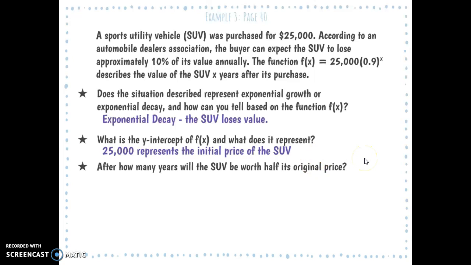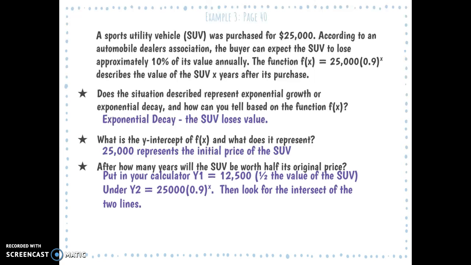Now, after how many years will the SUV be worth half its original price? In order to determine this, what I want you to do in your calculator under Y1 is to put what half the value of the SUV costs will be, which is $12,500. So you're just going to have the number $12,500 under Y1.